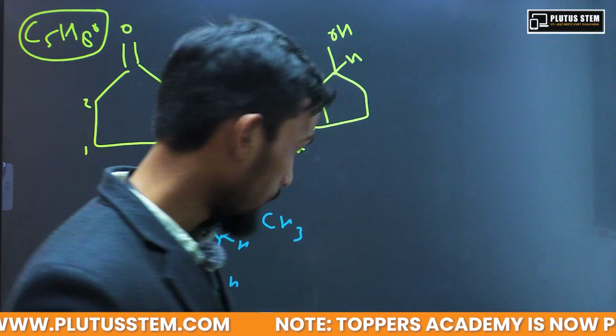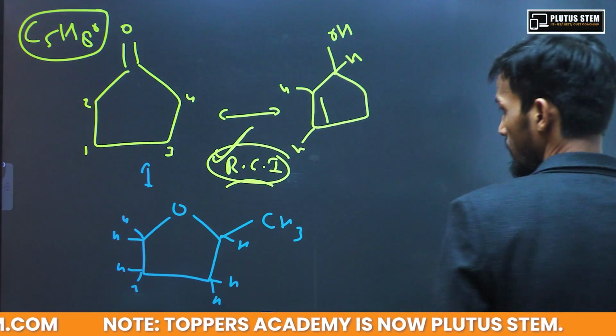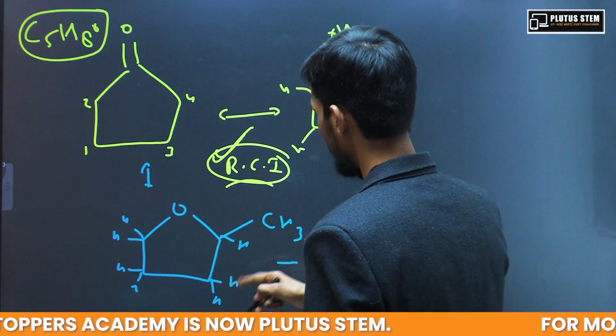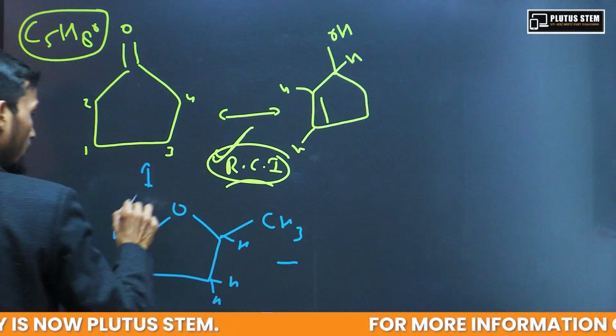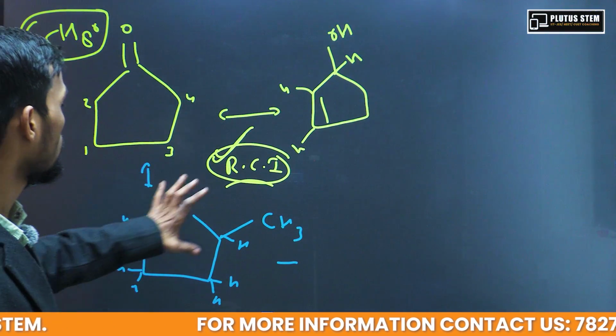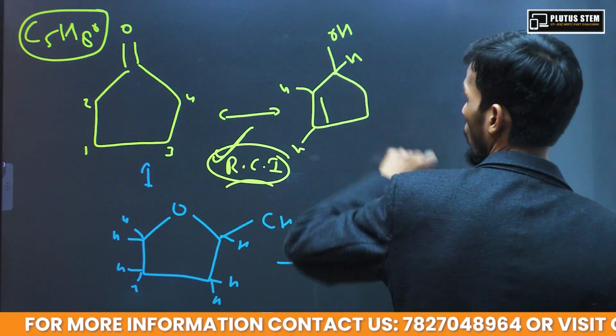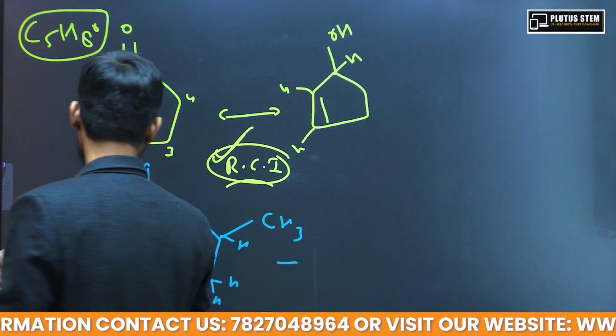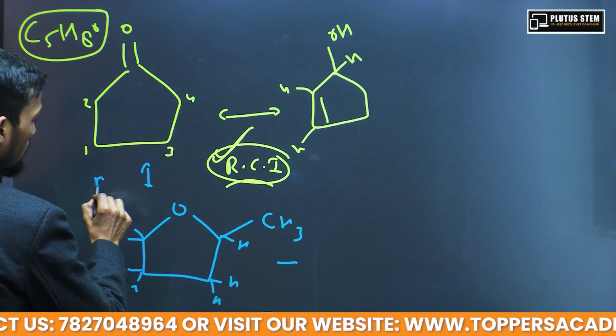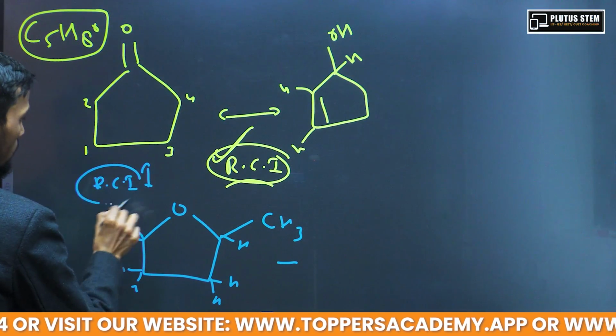They are ring chain isomers. This one is an ether, this is an alcohol, this is a ketone. But all of them are ring chain isomers.